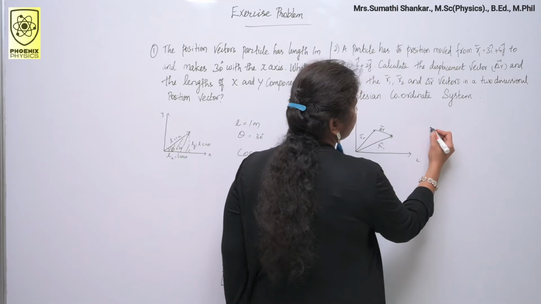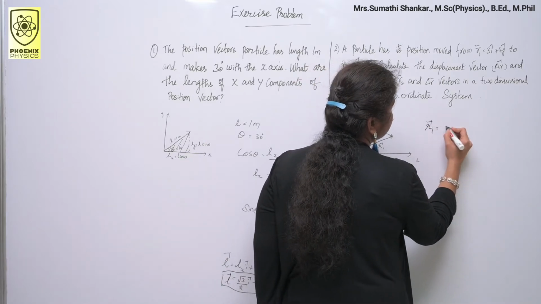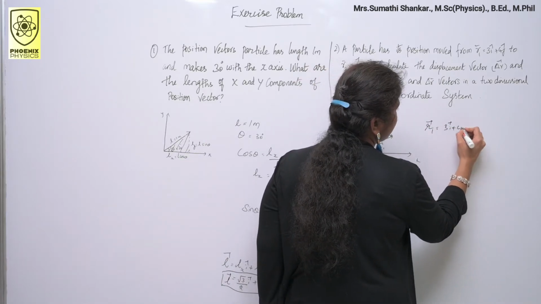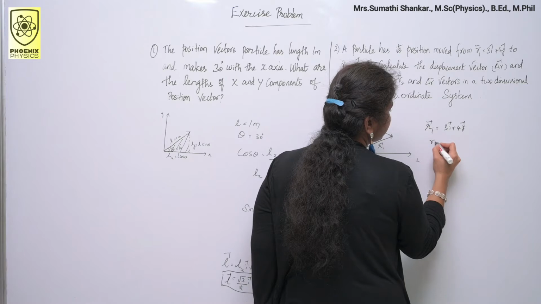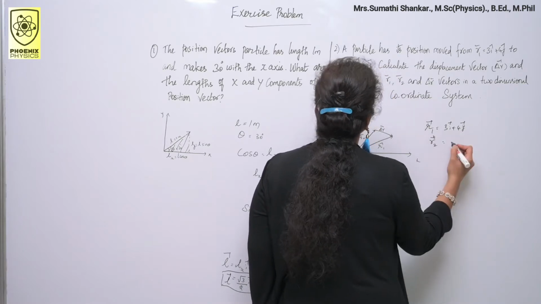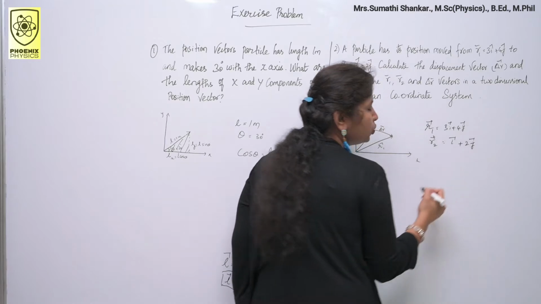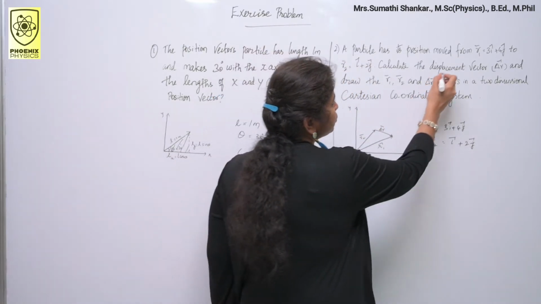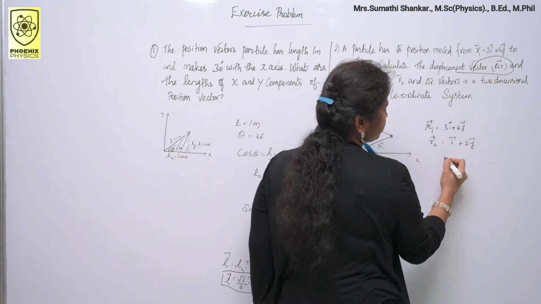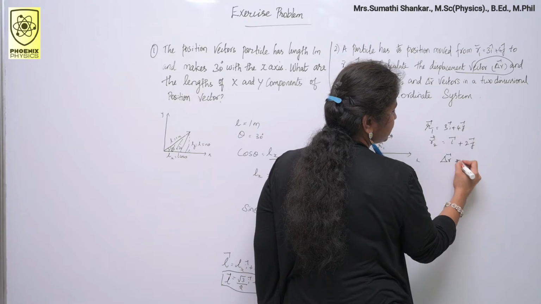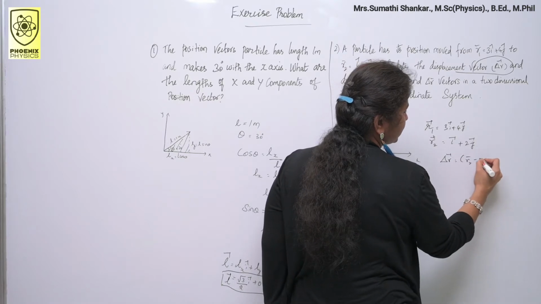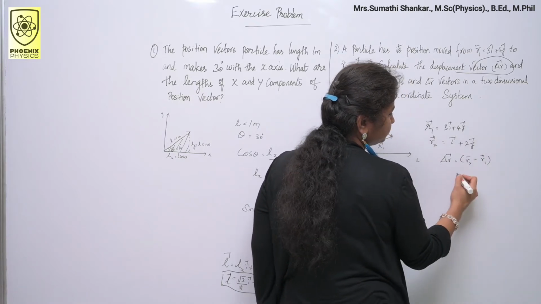What is given? r1 is equal to 3i vector plus 4j vector. r2 is given, r2 is equal to i vector plus 2j vector. I want to find the displacement vector delta r. What is the formula? Delta r is equal to r2 vector minus r1 vector.